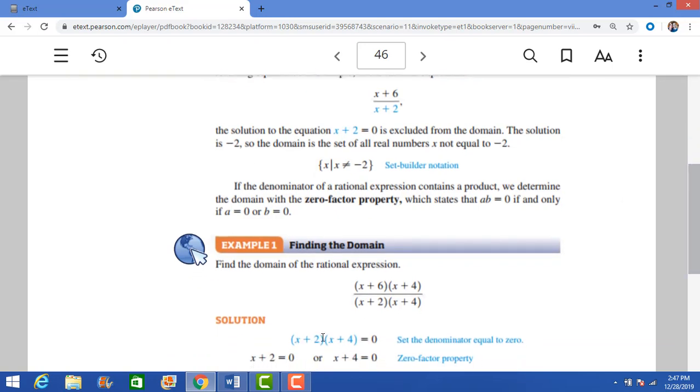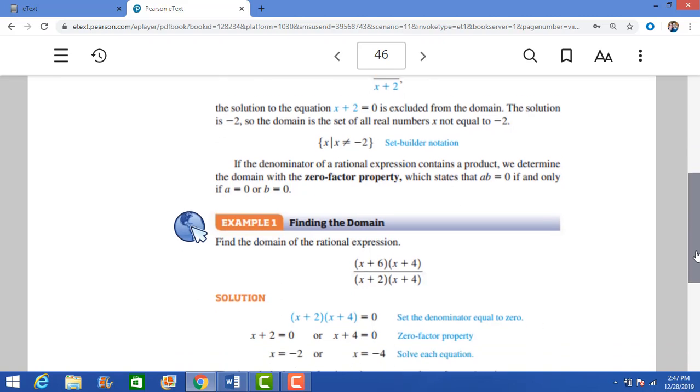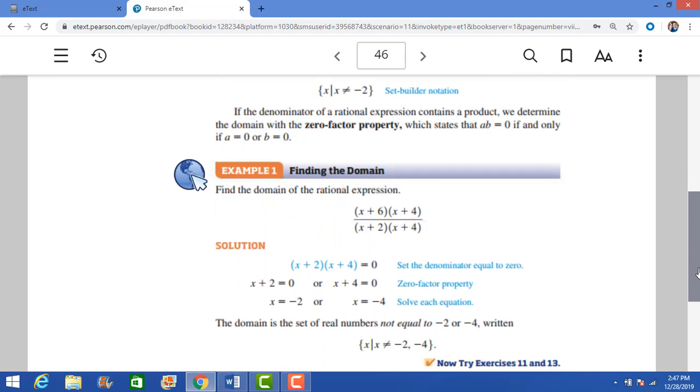Okay? Because if x is -4, this becomes 0, and the whole thing becomes 0. If x is -2, this factor becomes 0, and again, the whole thing becomes 0. So that means the restricted values are going to be -2 and -4, like I said.